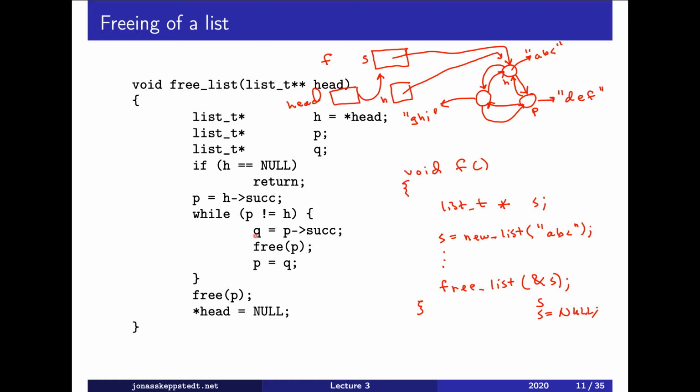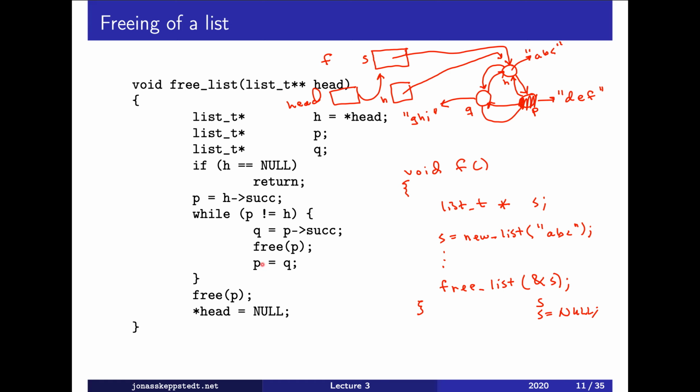And we say q is the next, so we set q there. And then we can free what p points to. So we free this. We don't free the string because, if somebody puts something in a list, it may be put there because it's waiting for something, but it should not be destroyed when we don't need the list any longer.